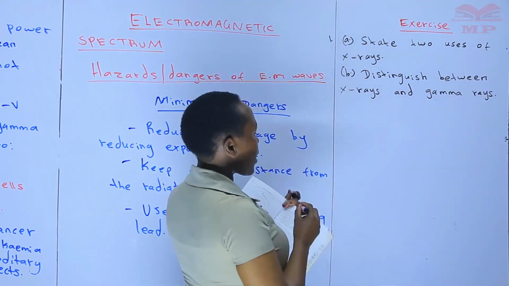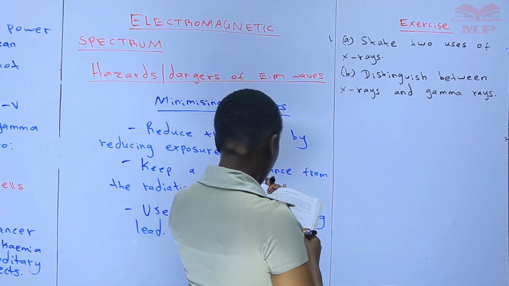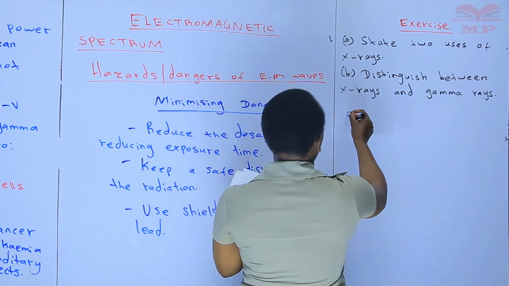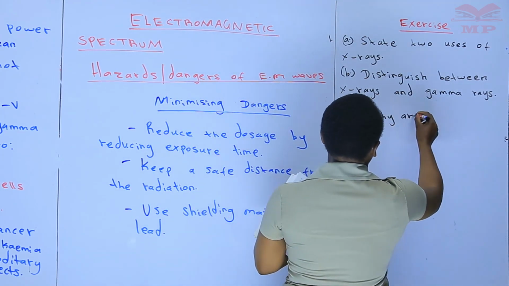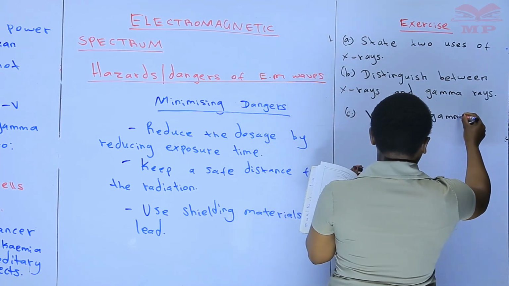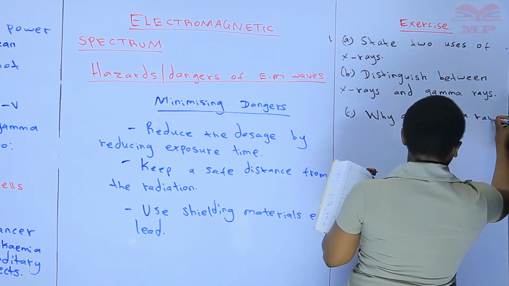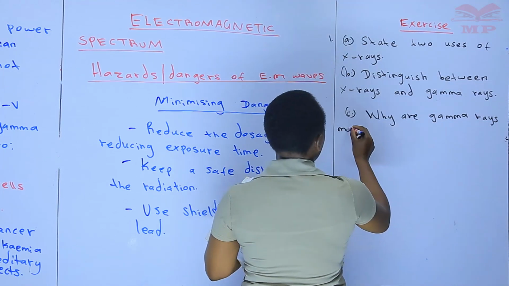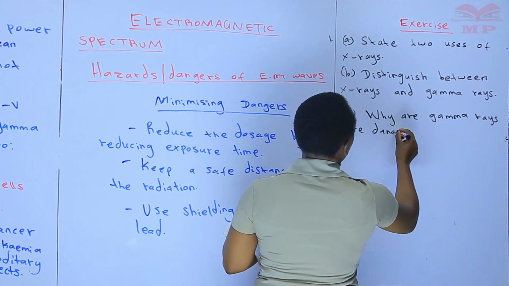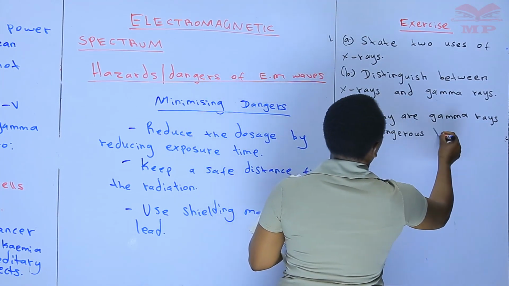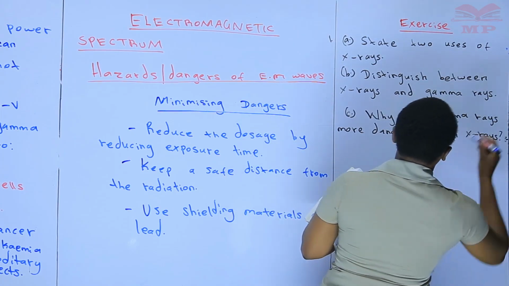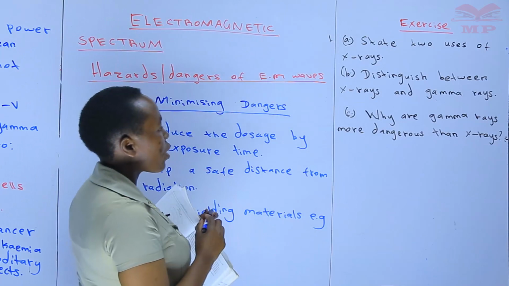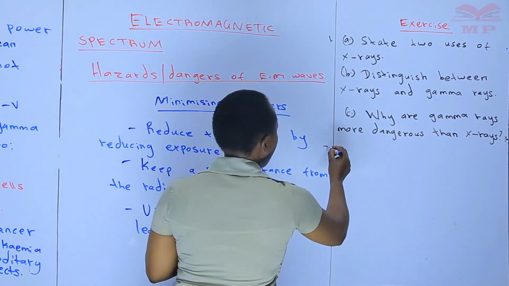And number C, why are gamma rays more dangerous than X-rays?